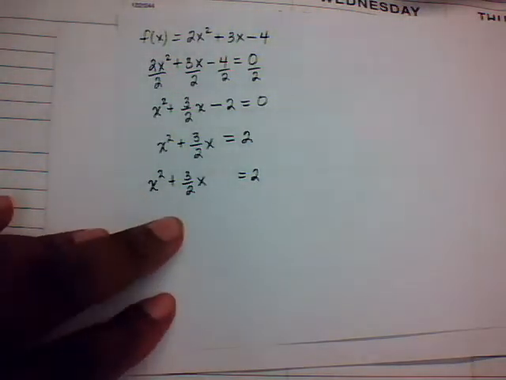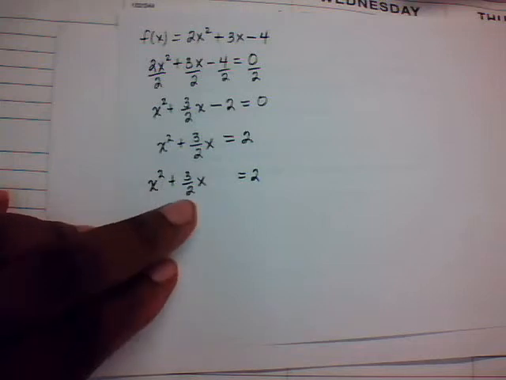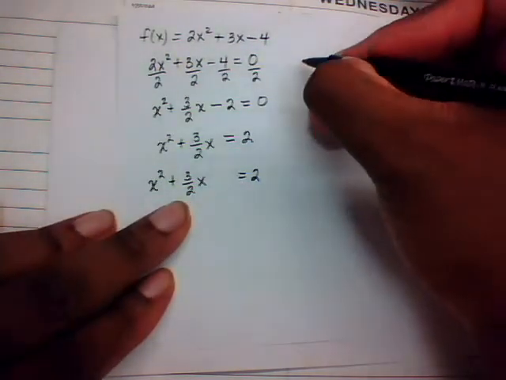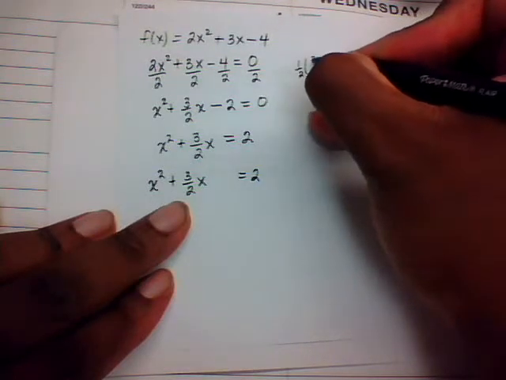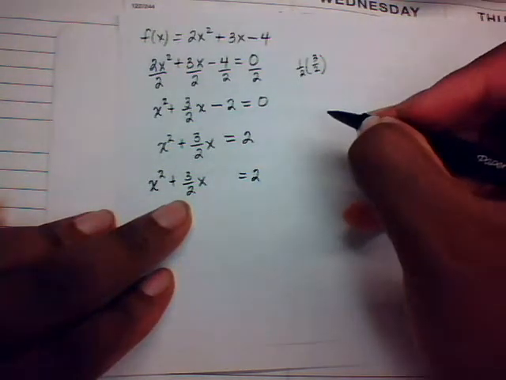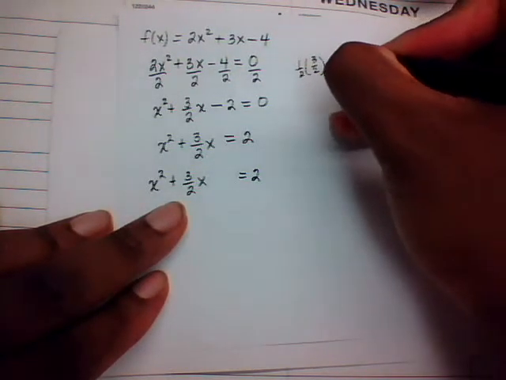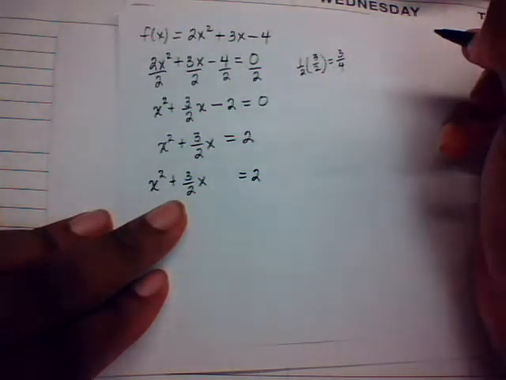Okay. Now when we complete the square, we always take 1/2 the coefficient of x and then square it. So on the side, I'm going to say 1/2 of the coefficient of x, which is 3 halves. So 1/2 of 3 over 2 will simply be 3/4.